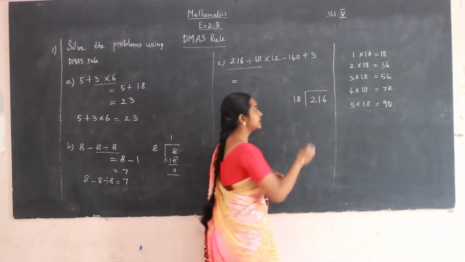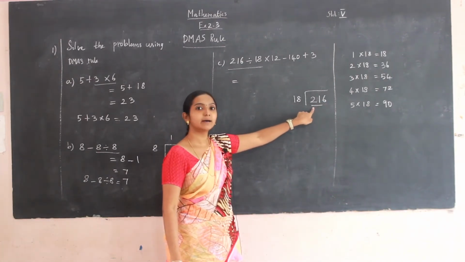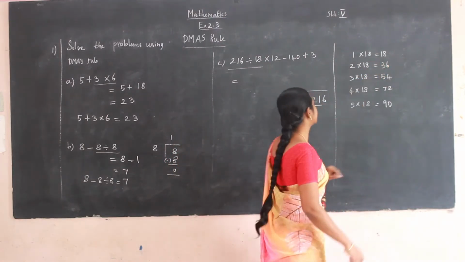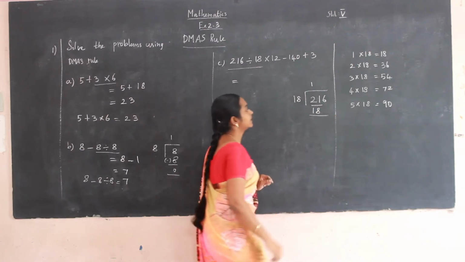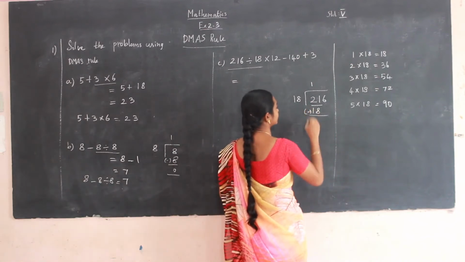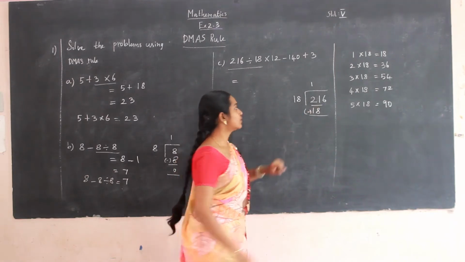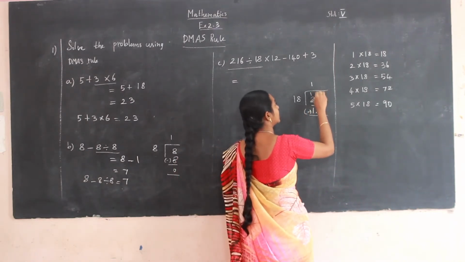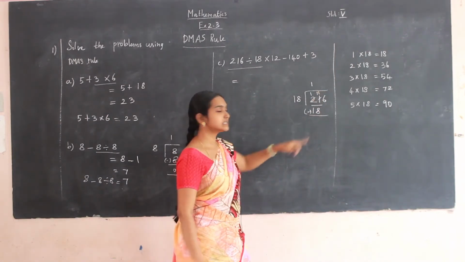First consider first two numbers, that is 21. Look at the number nearer to 21. We have 18, that is 1 8 is 18. Now subtract these two numbers. 8 is greater than 1. We cannot subtract. So borrow. So 2 will be changed as 1 and 1 will be changed as 11. 11 minus 8 is 3.